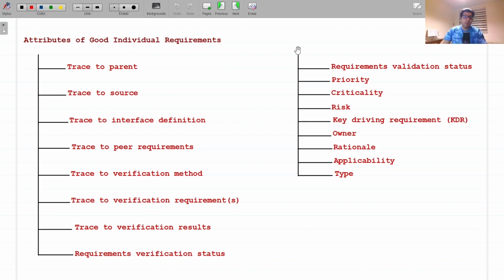Type. It is often useful to attach to each requirement an attribute of type, while each organization will define types based on how they may wish to organize their requirements.